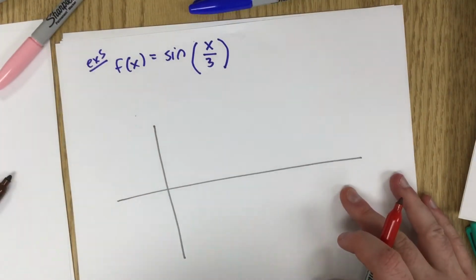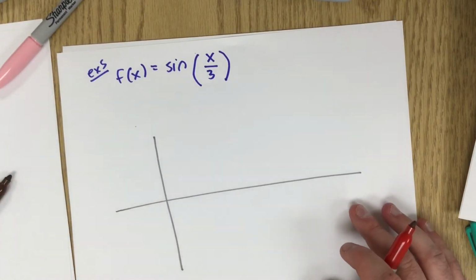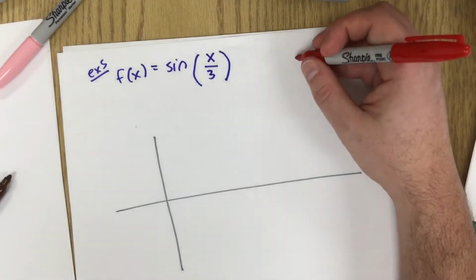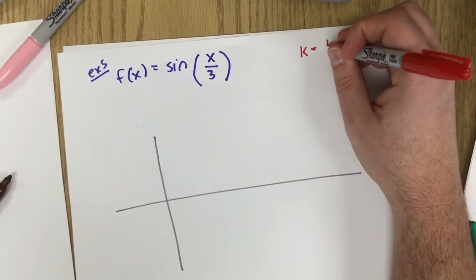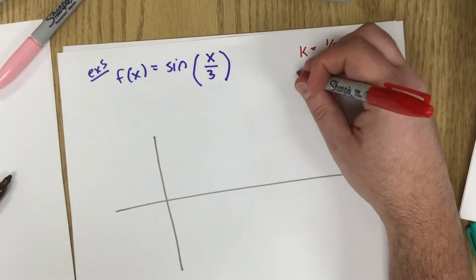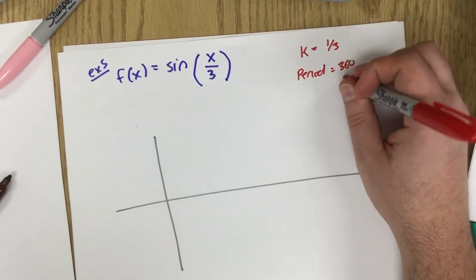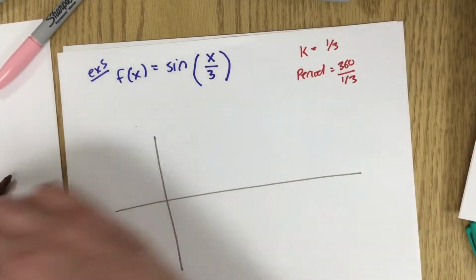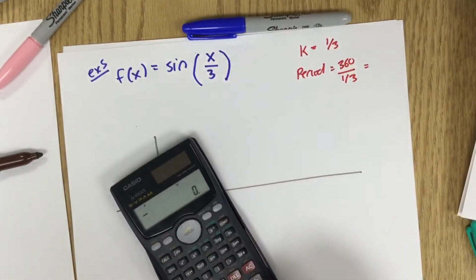Example 5, f of x equals sine of x over 3. I should have done a cosine in there. So the k value in this case is actually going to be 1/3. So the period is going to be 360 divided by 1/3, which, if you work it out, is the same thing as 360 times 3.